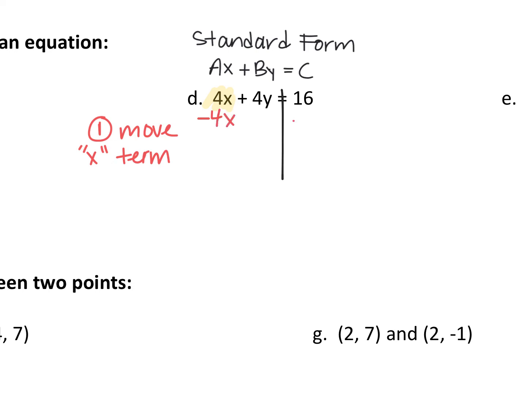Subtract 4x, subtract 4x, and that would move it to the other side. So now I have 4y equals, okay. Can I do 16 minus 4x? Do I combine those? Are they like terms and get 12x? No. This one has an x and this one does not. Please do not try and combine them. They have to stay separate. 16 minus 4x, like so.